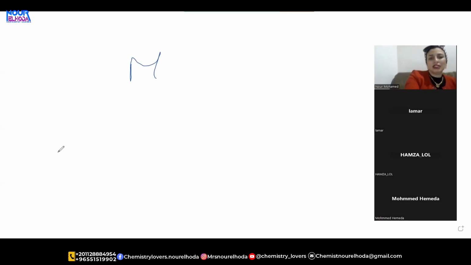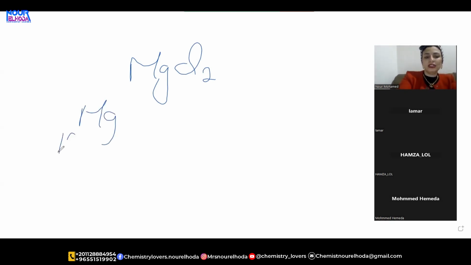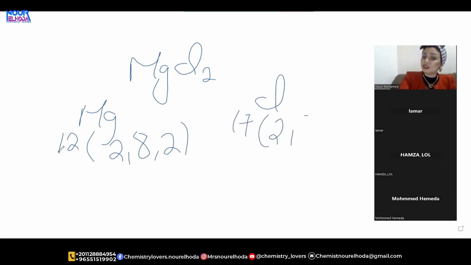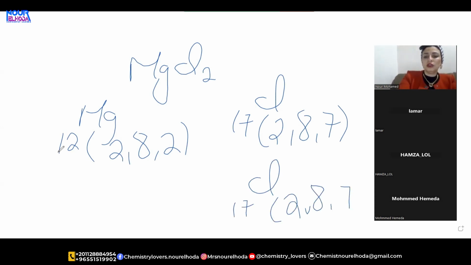Let's say magnesium chloride. Magnesium is 12, so it is 2,8,2. I'm having chlorine, every chlorine is 2,8,7. And I'm having another chlorine, 2,8,7. So what am I expecting? Magnesium for sure is a metal.